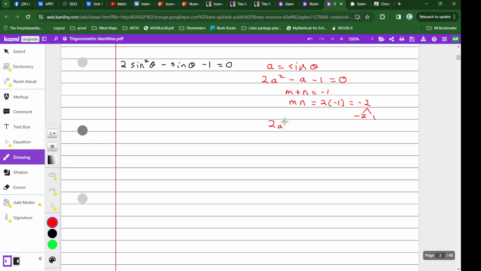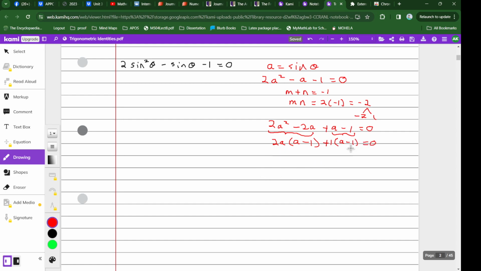So 2a squared minus 2a plus a minus 1 equals 0. These two have 2a in common, so I'm going to write 2a, and that's going to leave me with a minus 1. These two don't have anything in common, and if they don't have anything in common, we say that they have 1 in common because that's not going to change anything, and that would be a minus 1 equals 0.